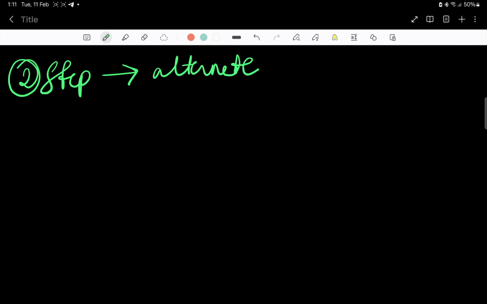If not present, step 2 is to look for alternate explanations. Ask yourself, could there be another reason why these two things are happening together?